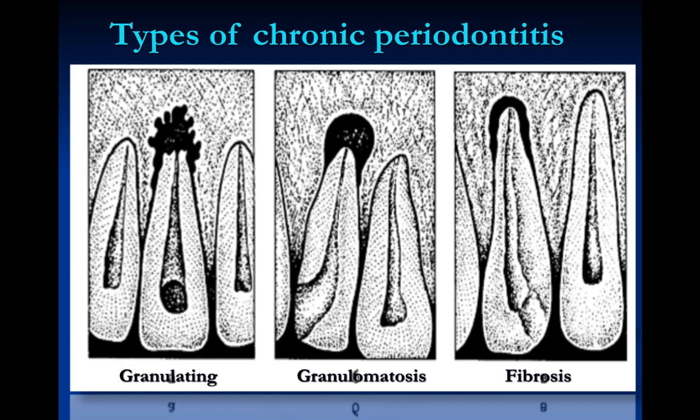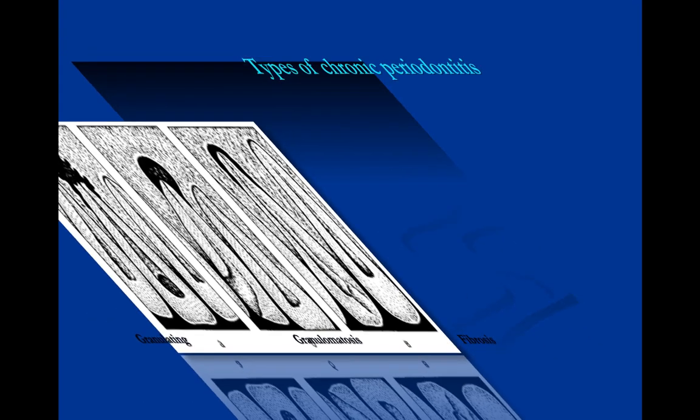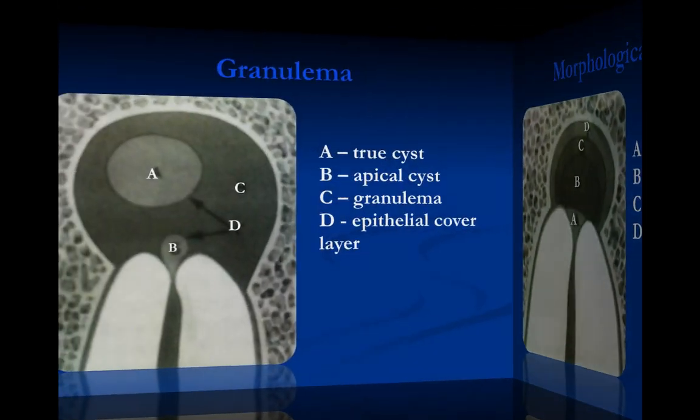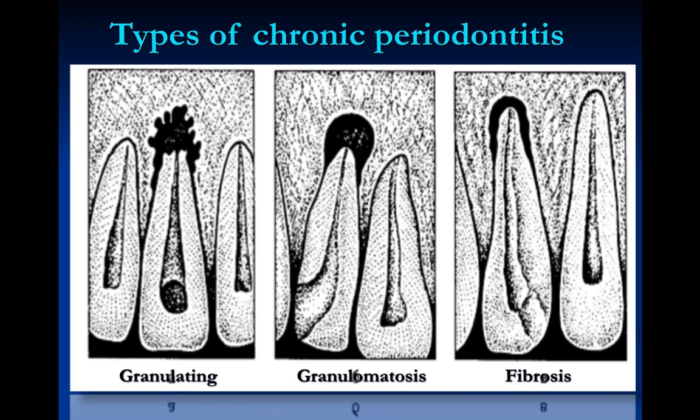About chronic types of periodontitis, there are three forms: fibrous, granulating, and granulomatous forms. Pay attention here: in fibrous periodontitis, there is just a widening of the periodontal gap.